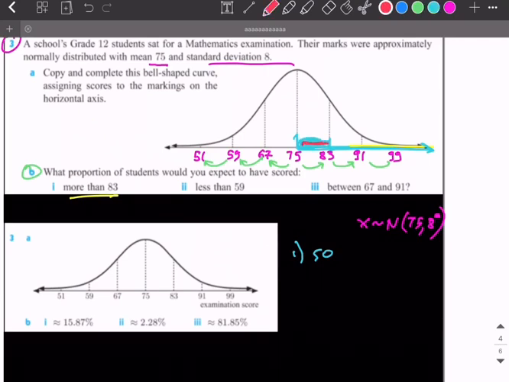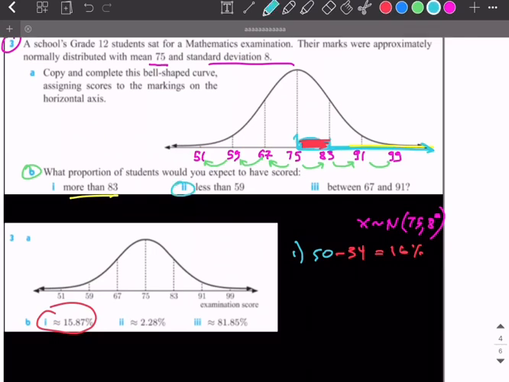This portion, we already know it's 34%. So 50 minus 34, you get 16%. Now, if you want the exact, the book's numbers are there, but you don't have to.